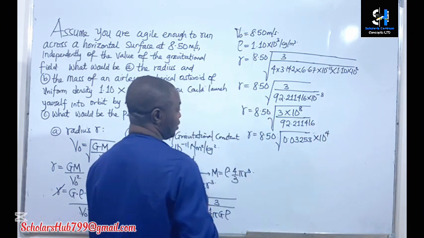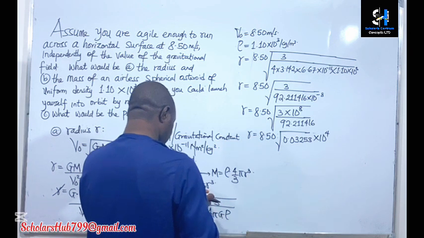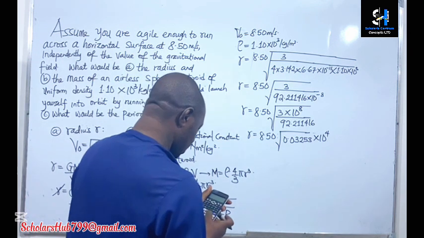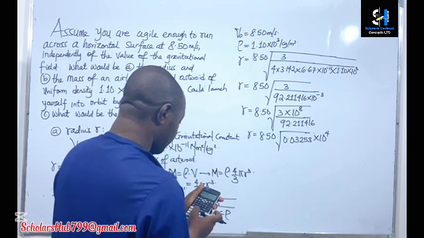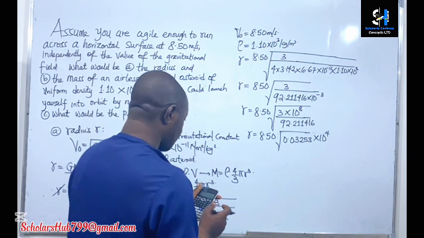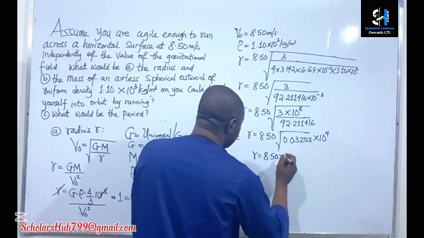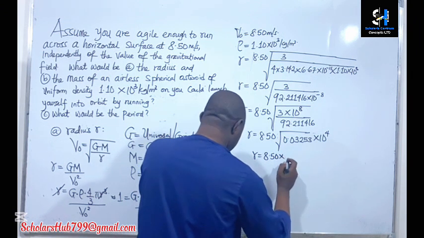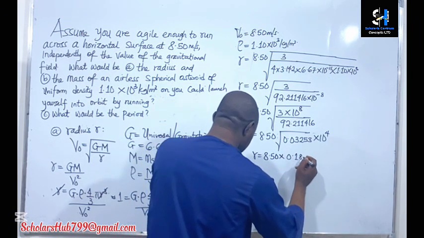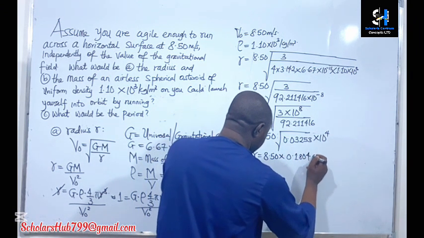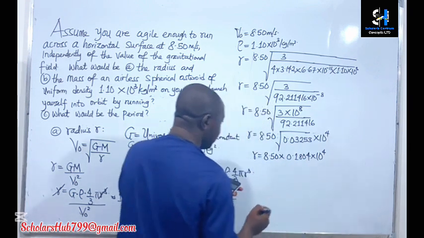The square root of 10 raised to the power of 8 is 10 raised to the power of 4. So let's get the square root of 0.03253. That will be r equals 8.50 multiplied by this value, which is approximately 0.1804 times 10 raised to the power of 4.